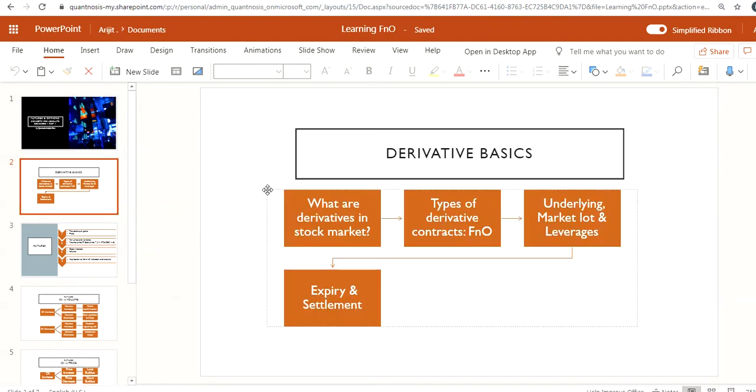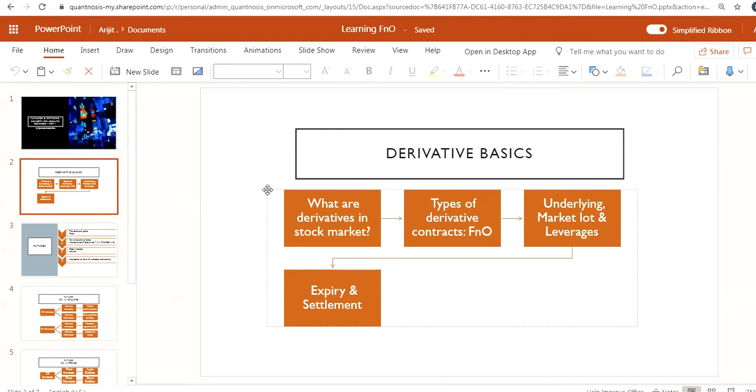So what are derivatives in the stock market? If you remember basic calculus from your math class in school and you remember something of dy/dx, the value of something dependent on something else, that concept is kind of similar here. So derivatives are complex financial trading instruments which are based on another spot instrument or cash instrument.